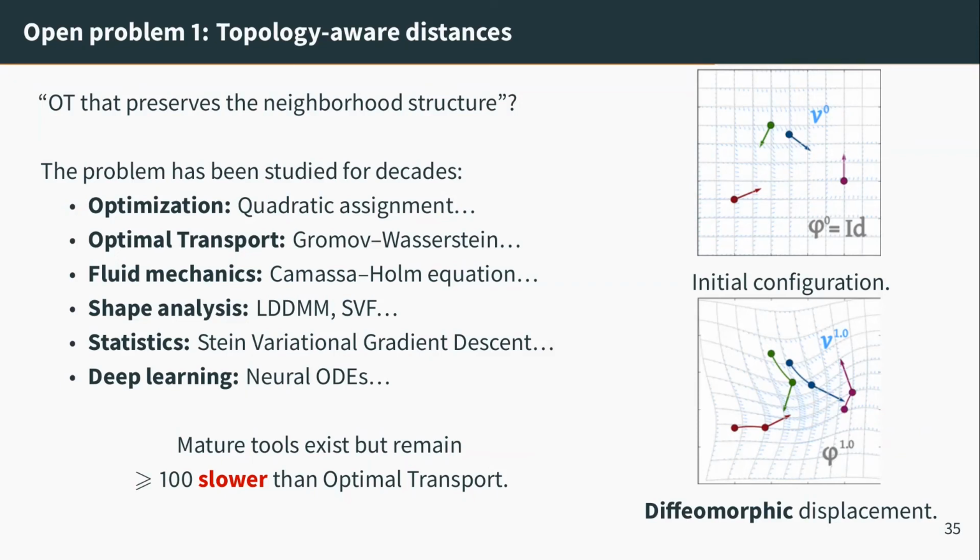Our brains have different shapes, and to put all of our brains together in a common coordinate space, people use those kinds of ideas to find diffeomorphic matchings between brain images. Okay, in statistics, nearly exactly the same ideas are called doing Stein variational gradient descent, and in deep learning they call this doing neural ordinary differential equations. So just to tell you, it's very active.